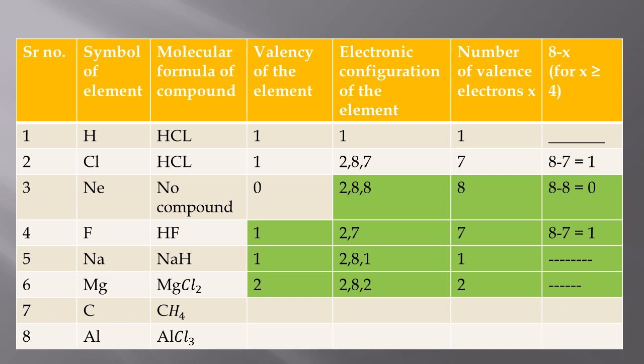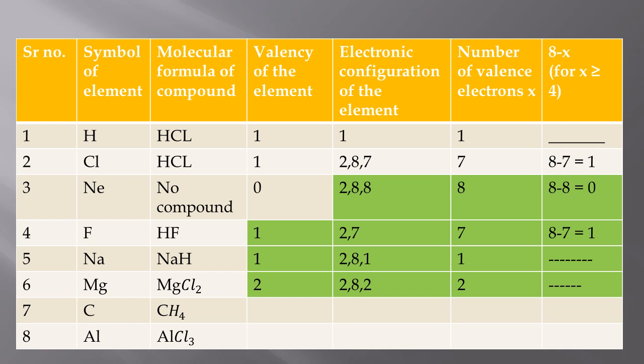The electronic configuration of the element is also 1, because in the last shell there is 1 electron, and the number of valence electrons will be 1 because the hydrogen atomic number is 1. So 8 minus x is a dash. Why? Because in the first shell of the hydrogen atom there is only 1 electron. So 8 minus x applies only to those which contain more than 4 electrons in their outermost shell.